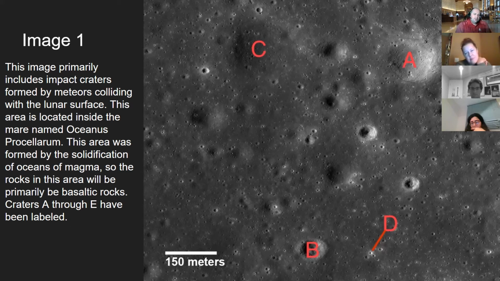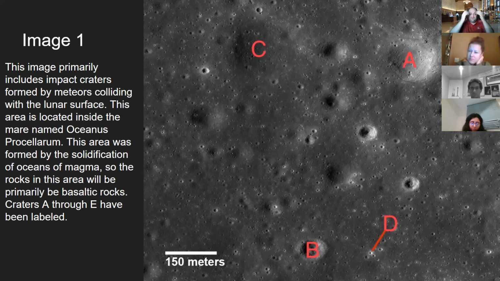So crater counting is something that's actually done to find an absolute age for a surface.